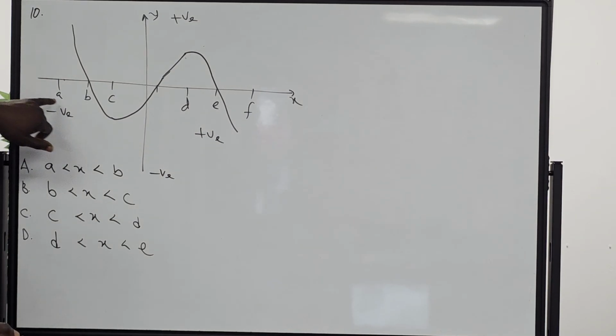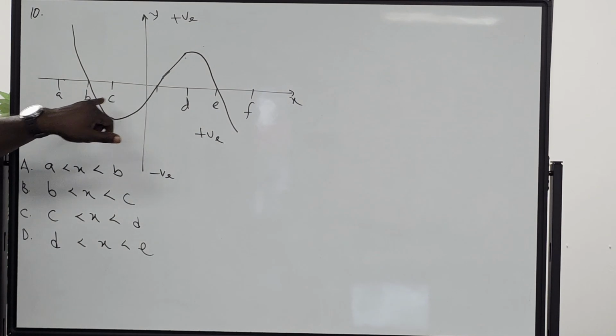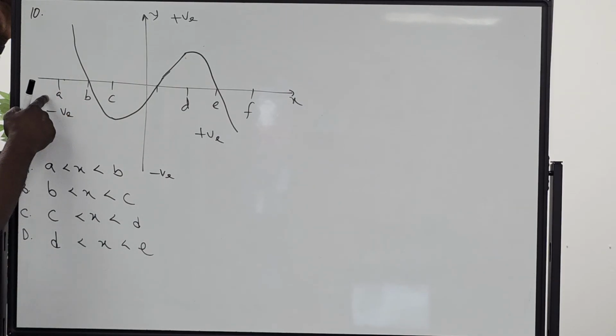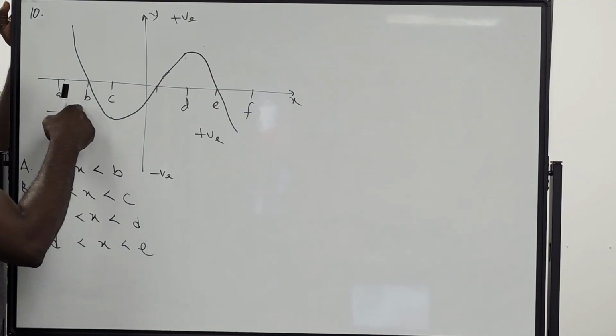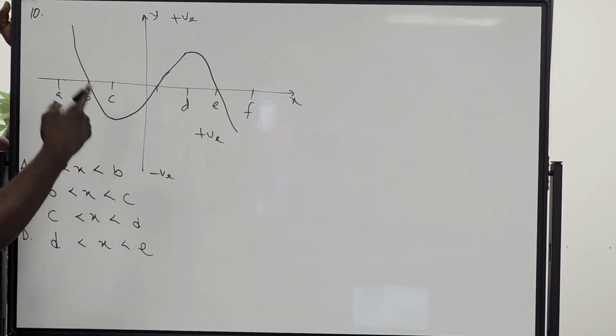A less than X less than B makes no sense, because if A is less than X, X cannot be less than B. X has to be greater than B.